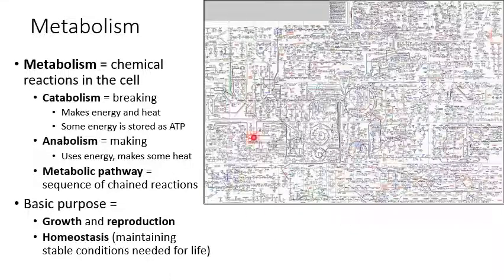The image here is actually a summary of all known metabolic reactions in the cell. This was available as a poster. Not anymore, but you used to be able to buy it from Roche, and it would be a giant poster that would basically take up a whole wall.